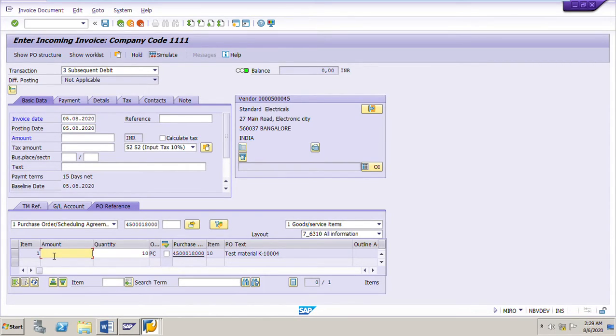So whatever the subsequent debit or credit we want to enter, we can enter the amount here for this quantity. The system will suggest only the total invoiced quantity and not the amount. If I post a subsequent debit here, then whatever the additional amount the vendor has incurred, I can enter here and post the invoice.